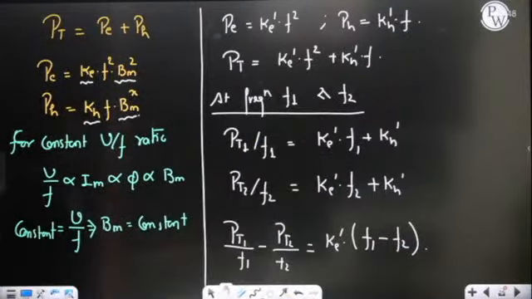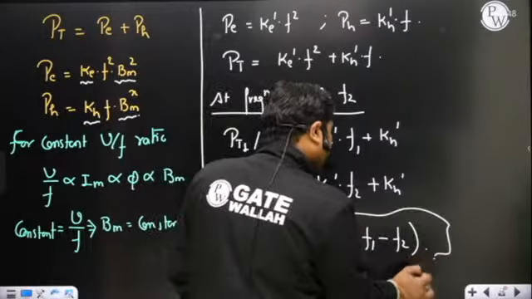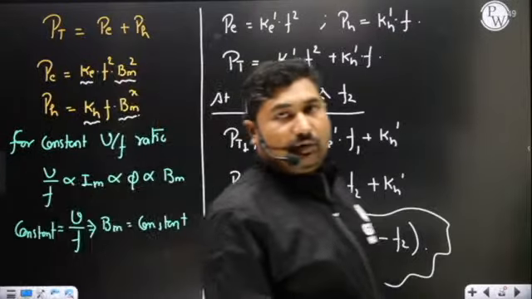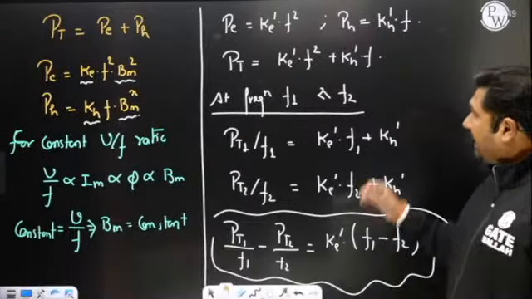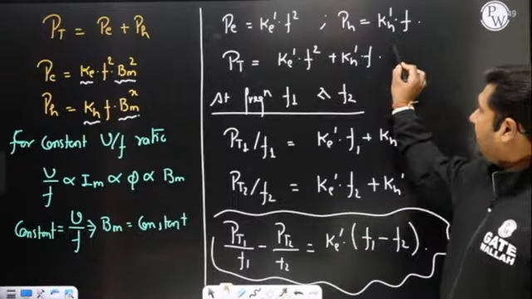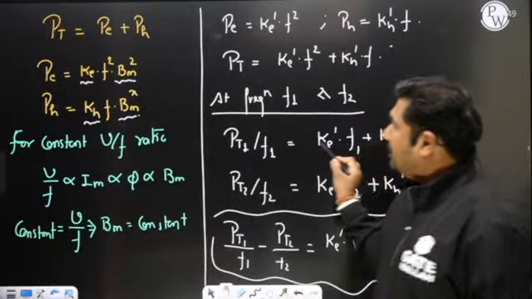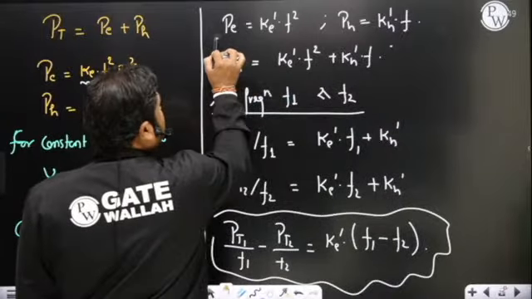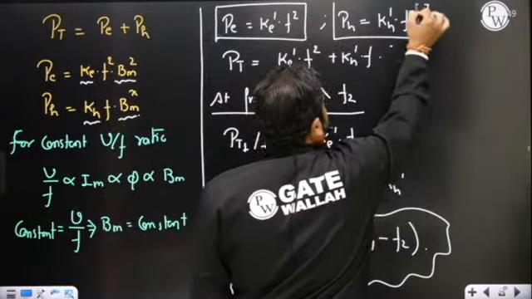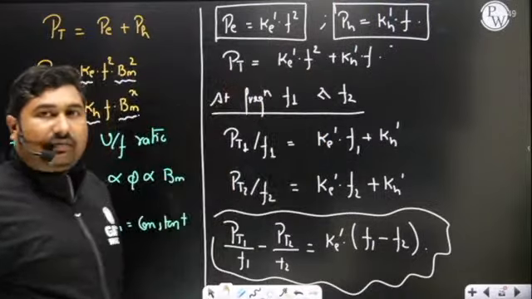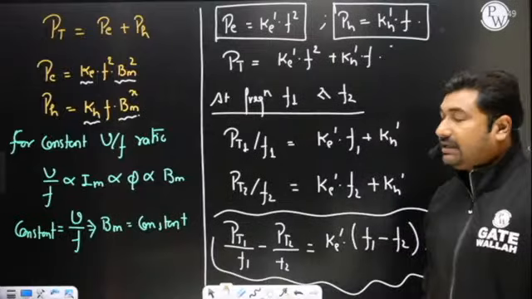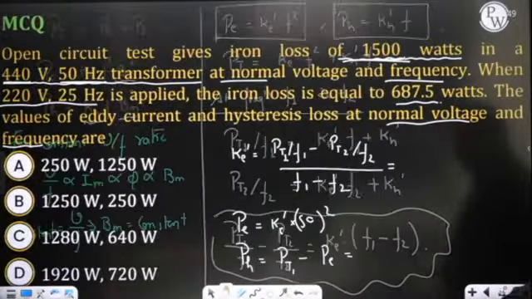So remember this equation for when the V by F ratio is constant, in order to calculate Ke dash. Once I have Ke dash, I can multiply by F square to find the eddy current loss at any frequency when the V by F ratio is kept constant.